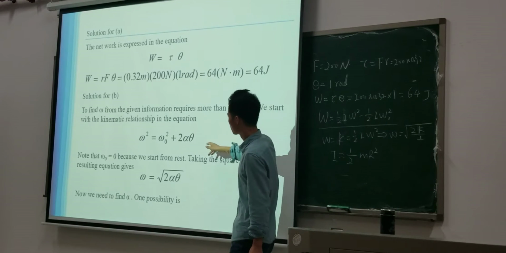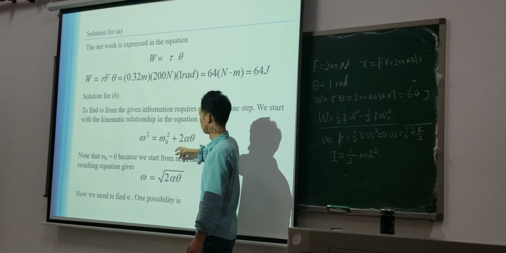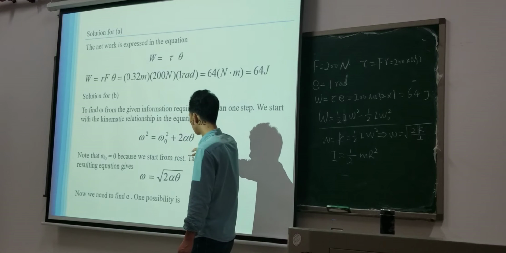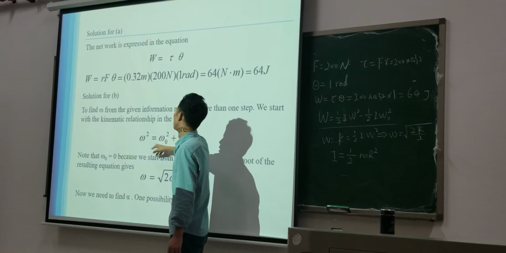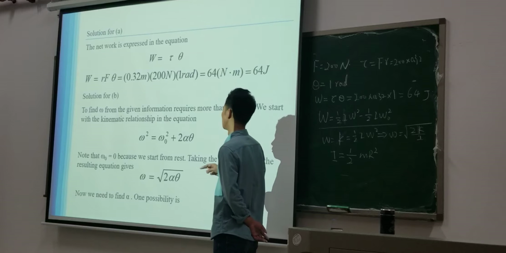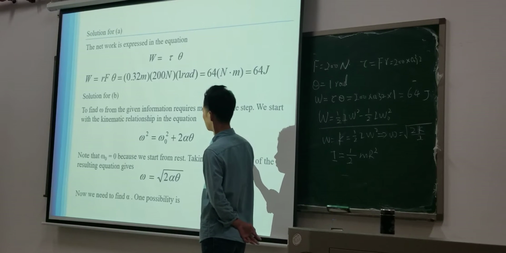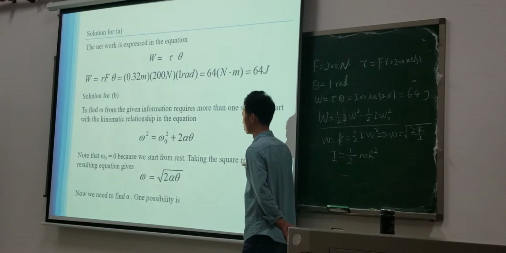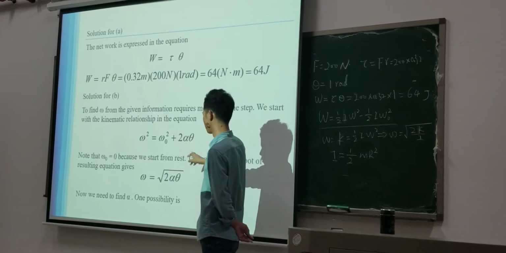In this, we first find the omega by this equation. Because we use this motion equation, the alpha is the angular acceleration.